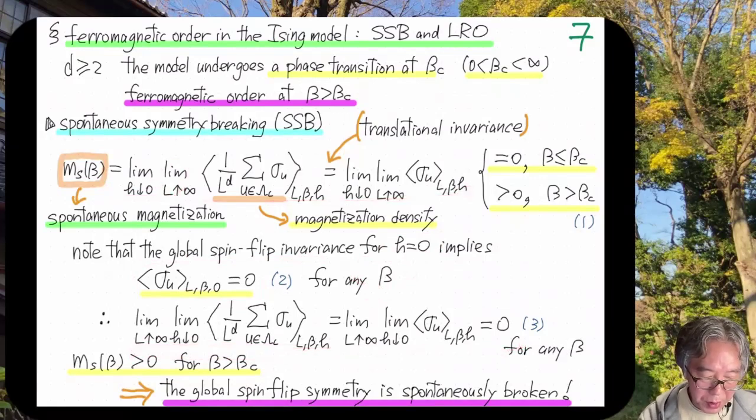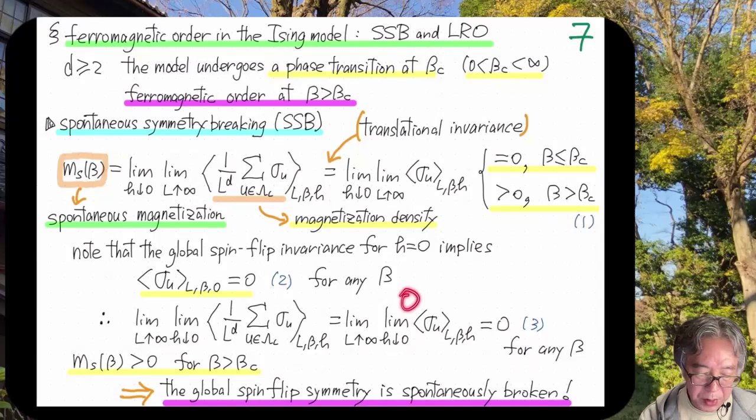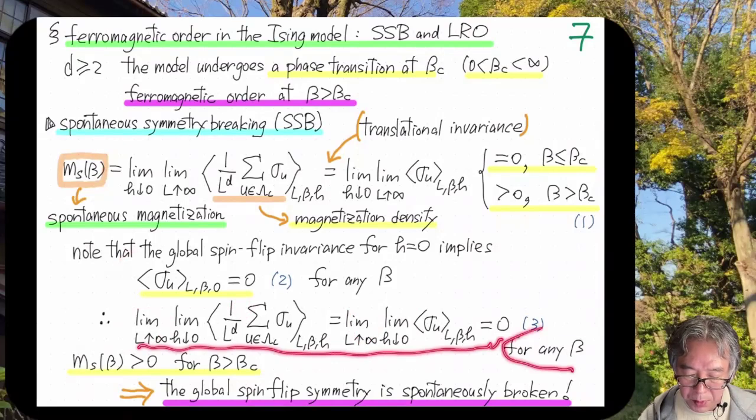We have a double limit, but here you first make h go to 0, and then by continuity this is the same as that. From symmetry, you see this is 0, and if it is 0, it remains 0 whatever you do. So it turns out that this symmetry simply means that this double limit is 0 for any beta.